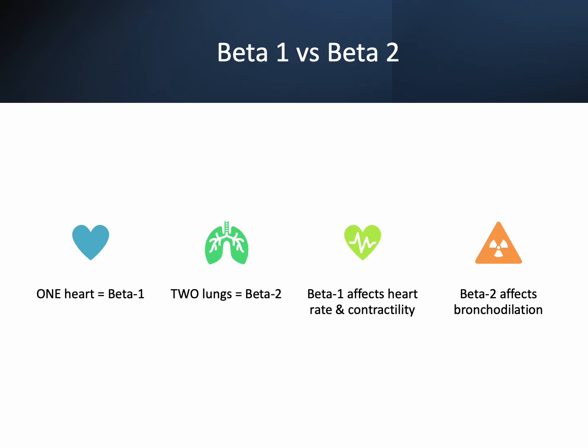Beta 1 receptors increase your heart rate and contractility, and beta 2 receptors cause bronchodilation. This becomes very important when we're talking about asthma and COPD and those types of conditions, knowing the difference between beta 1 and beta 2.